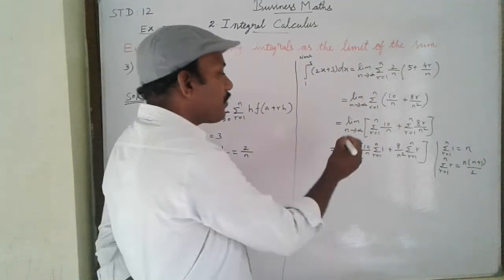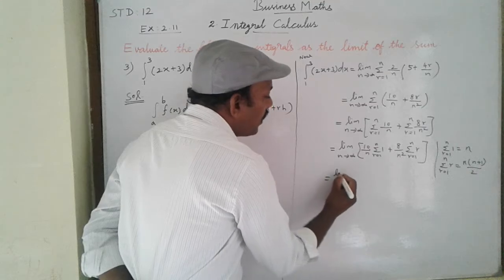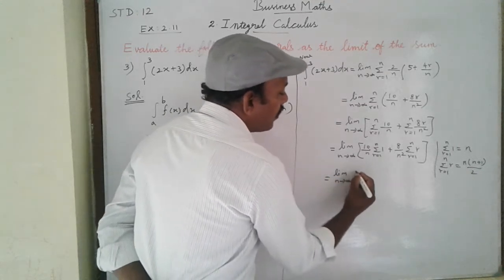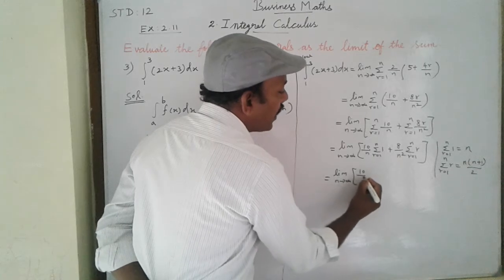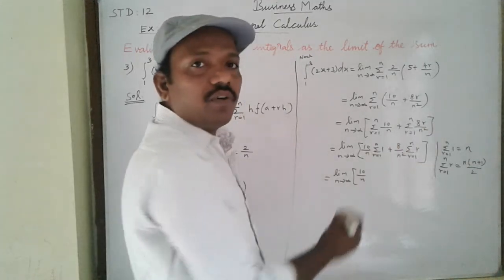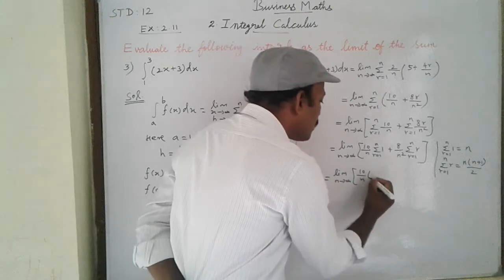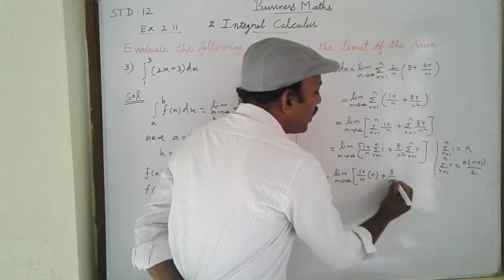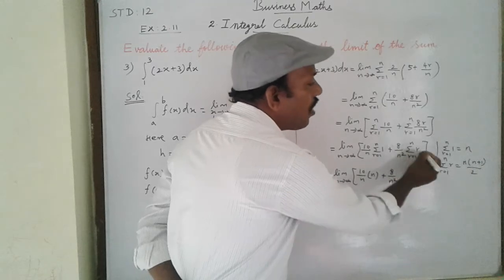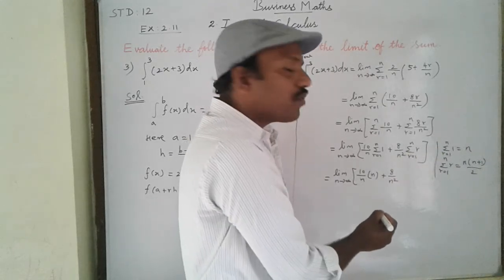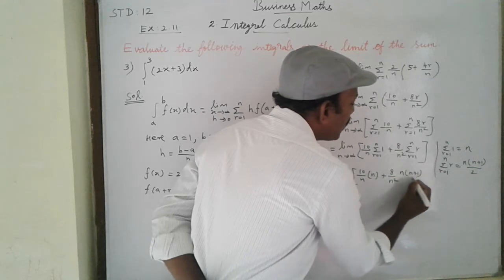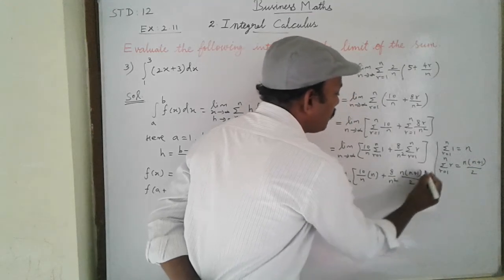This value we should substitute: limit n tends to infinity, 10 divided by n sigma 1 value, what is n, so n plus 8 divided by n square sigma r value is n into n plus 1 divided by 2.